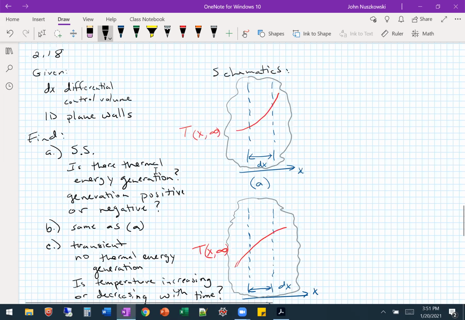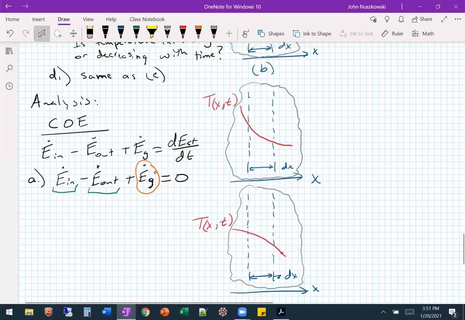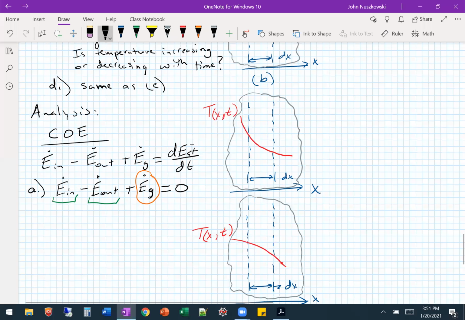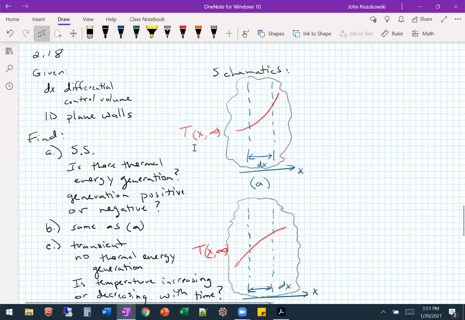So let's go back to how did we get E in and E out, right? So this is where we can look at Fourier's law. So let me draw it in a different color here.